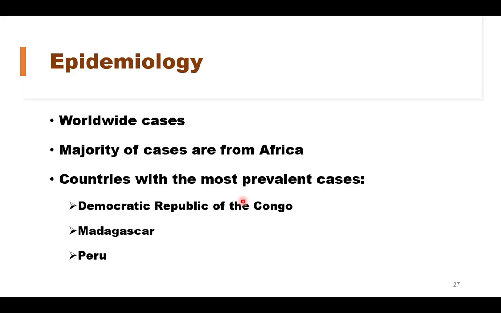Waste management is poor, water supply is poor, you don't have adequate housing, people are sleeping in tents, so they are more exposed to rodents than if you have normal civilization with no wars, no conflicts. You understand what I'm trying to say? So conflict can drive the prevalence and transmission of this organism in affected areas. Madagascar is another area, and Peru.